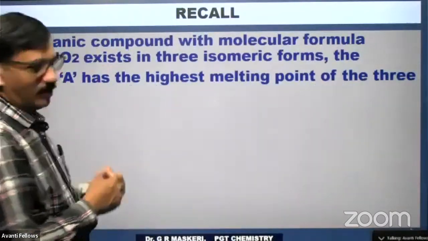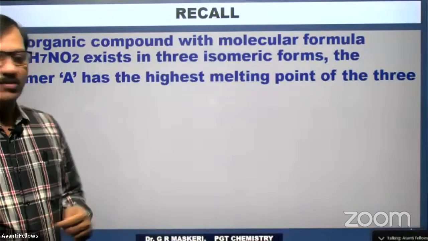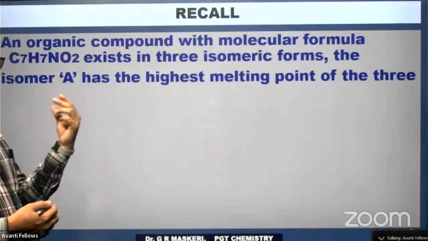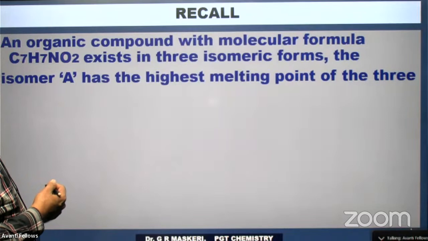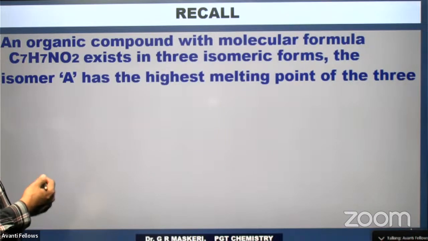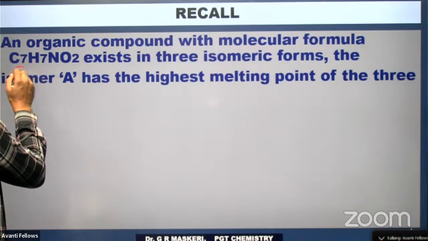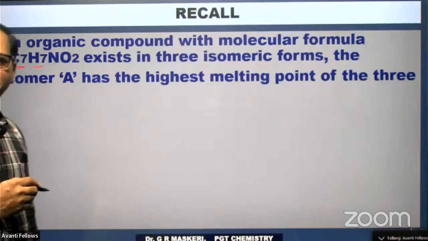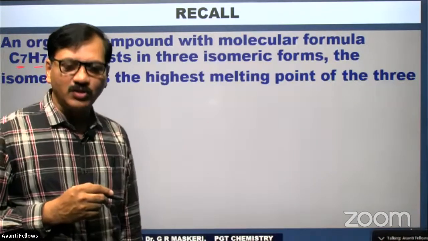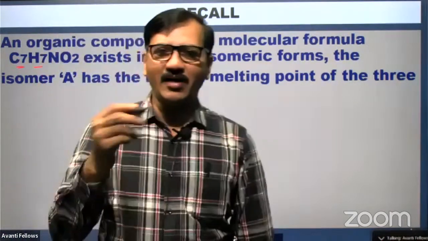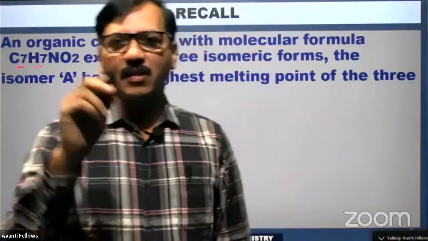So let us take up this information now. An organic compound with molecular formula C7H7NO2 exists in 3 isomeric forms. So isomer A has the highest melting point, NO2. This is C7H7NO2. So look at the ratio of carbon and hydrogen. The ratio of carbon and hydrogen gives you the idea whether a benzene ring is present.